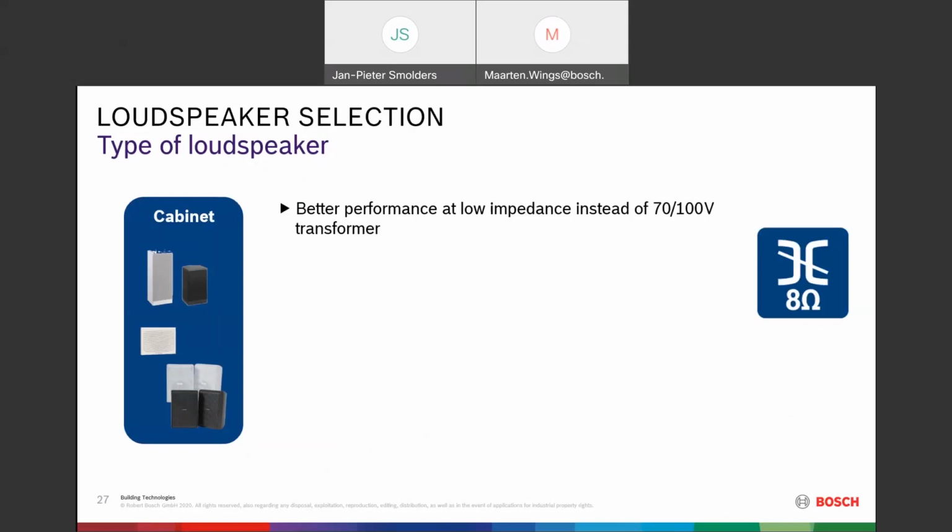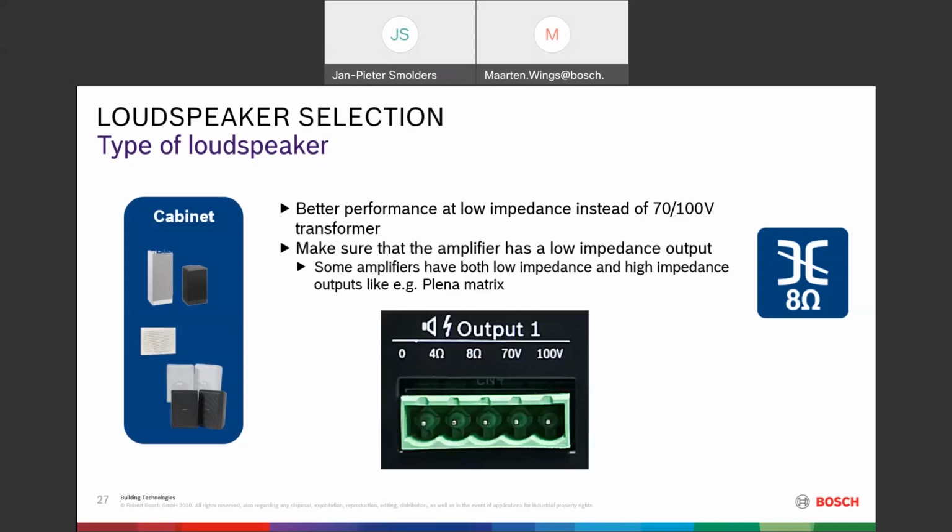So if you have the possibility to connect a loudspeaker at low impedance, the performance will be better. Some of these amplifiers also have a low impedance output. Like for instance, here you see on the picture, the Planar Matrix actually has 4 types of outputs: 4 ohm, 8 ohm, 17 volt and 100 volt outputs. So that's really convenient. You can connect different types of loudspeakers to this amplifier.